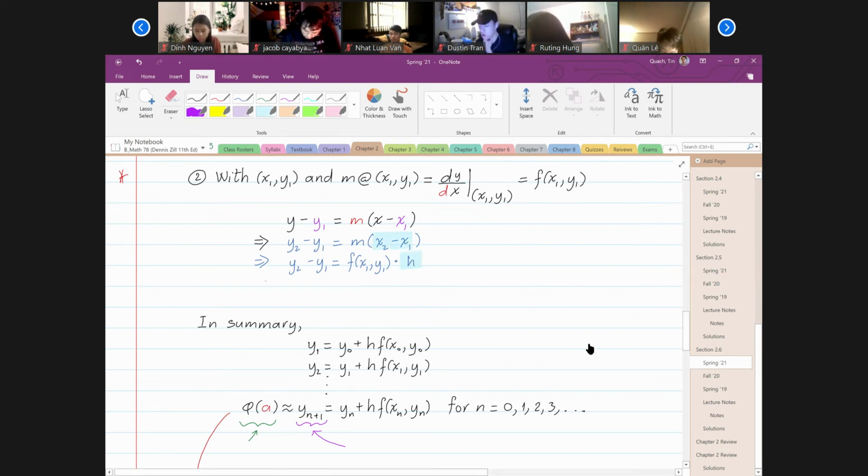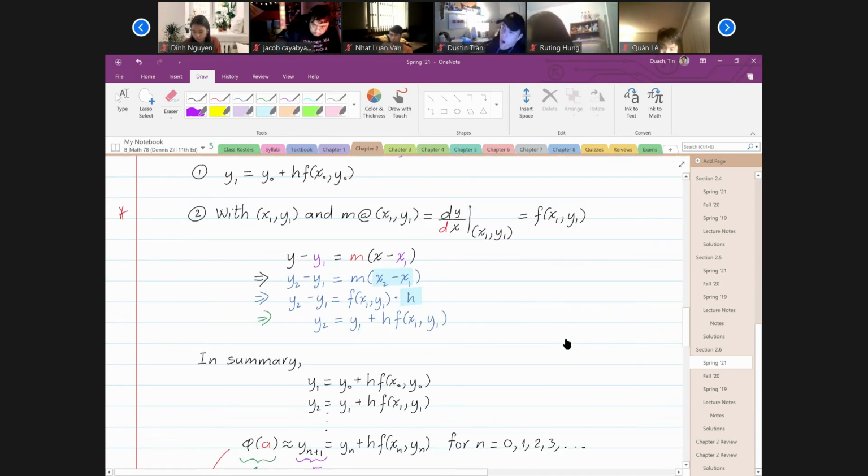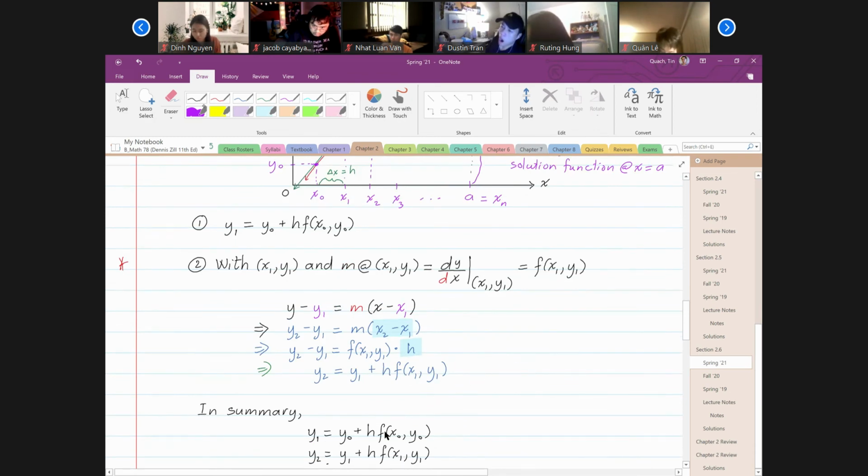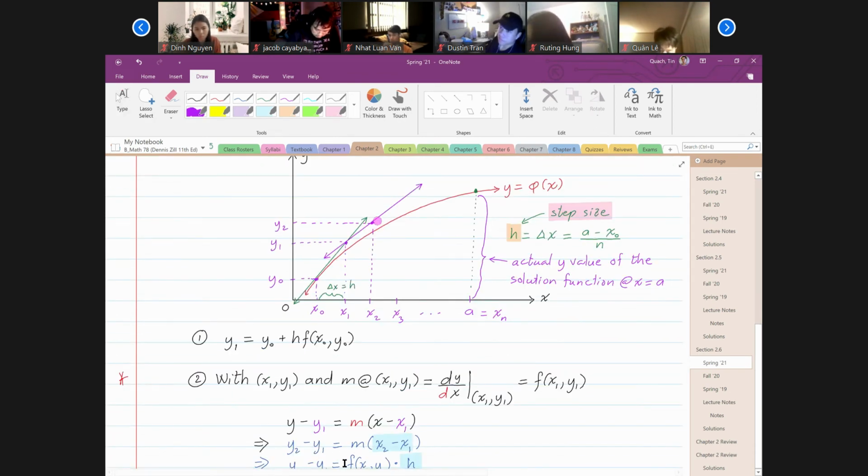Okay, so that tells you y sub 2 is equal to y sub 1 plus h times f of x sub 1, y sub 1. So you are able to get the y sub 2 value, which is right here. So what you are trying to get is y at x sub n, okay?